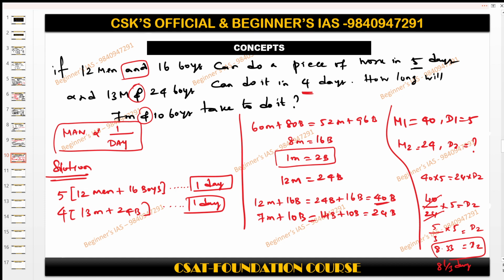So now I will tell you here. Listen carefully, I am writing in another color. Please remember. 12 men plus 16 boys can do a piece of work in 5 days. Now what you have to do here in order to get 1 day?